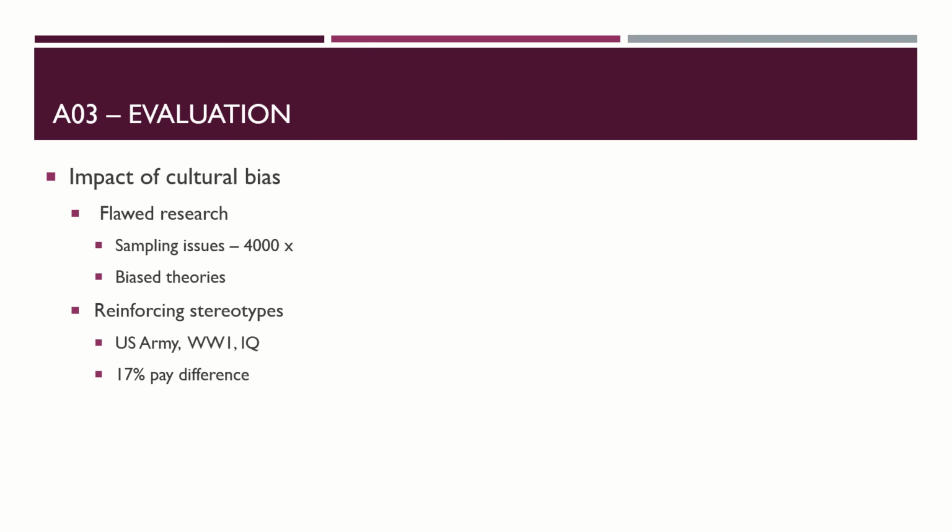So one of the biggest things, if we don't acknowledge that cultural bias exists or is a problem and we think we are effectively managing culture, then we will have significant problems with sampling issues. So if you are male, American and middle class, you are 4,000 times more likely to be selected for or take part in a piece of psychological research than if you are a different gender, a different culture, or a different class.